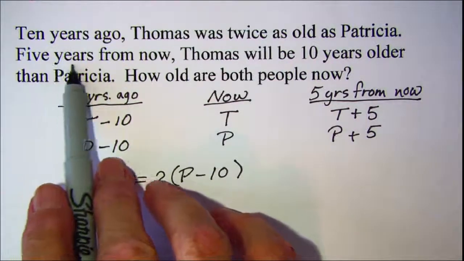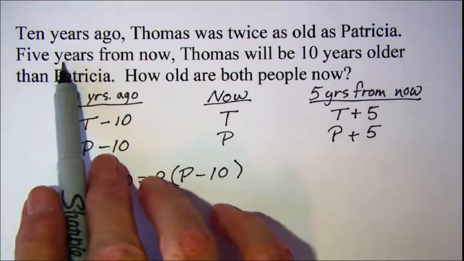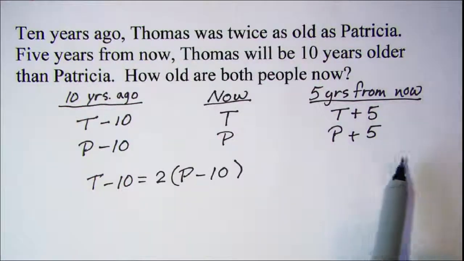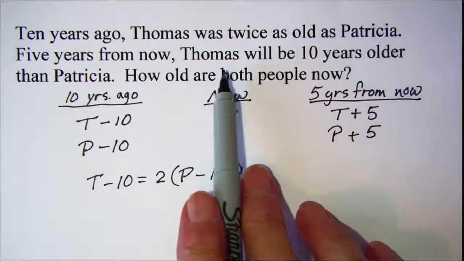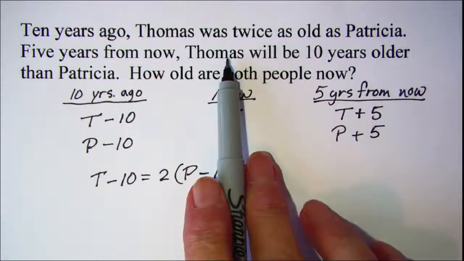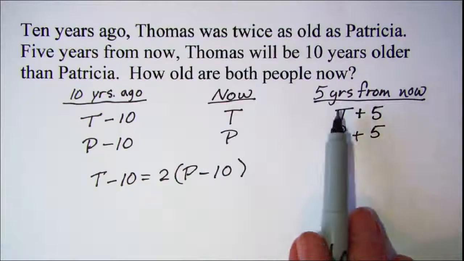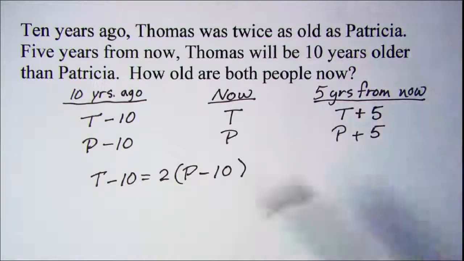The second sentence deals with ages 5 years from now, so I'll be using these expressions. And again, I'll translate. Thomas, 5 years from now, is going to be T plus 5.